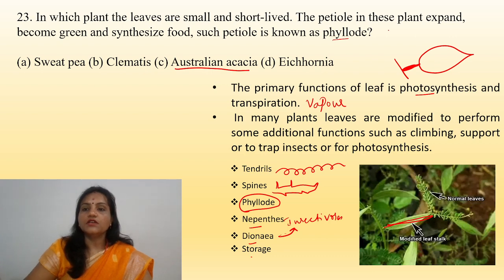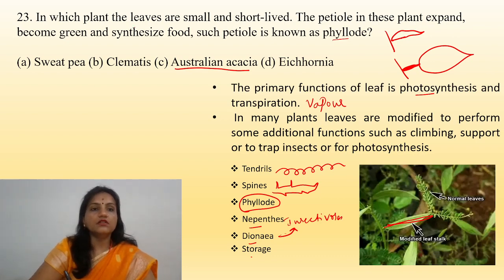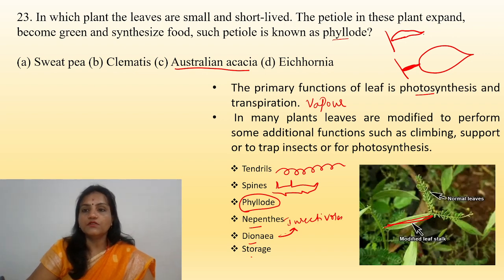In the case of Australian acacia, the petiole itself is modified into a leaf. The plant's leaves are small and short-lived. They are very small and they wither away and fall off. The petiole in this plant is modified for the purpose of photosynthesis. Okay. So here this is the petiole.